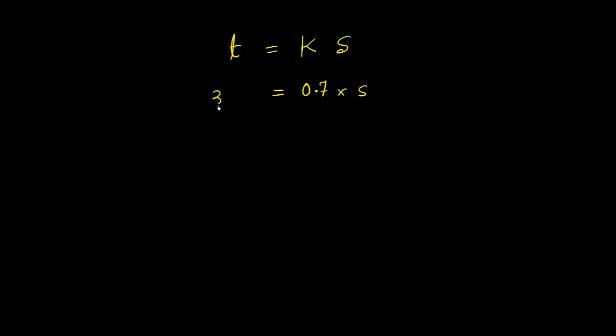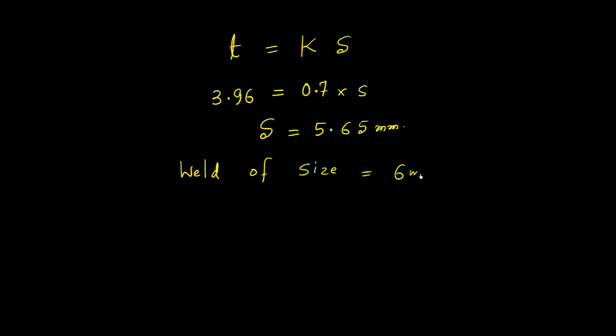And we know T is equal to 3.96. So from here I can calculate S, that is 5.65 millimeter. We can provide a little bit higher, so let's say we can provide a belt of size 6 mm. If we provide a belt of size 6 mm, our connection will be safe.